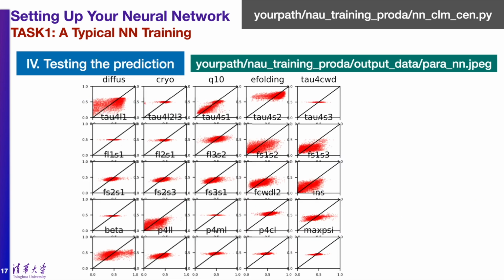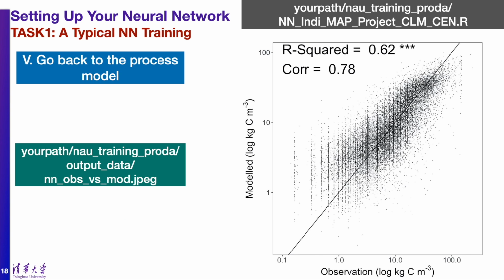At the same time, you can also get the figure to describe how well the predictions fit the side-by-side data simulation results. In task 1, after the neural network training, we use the predicted parameter values in the model to simulate soil organic carbon content and compare the simulation with the observations.